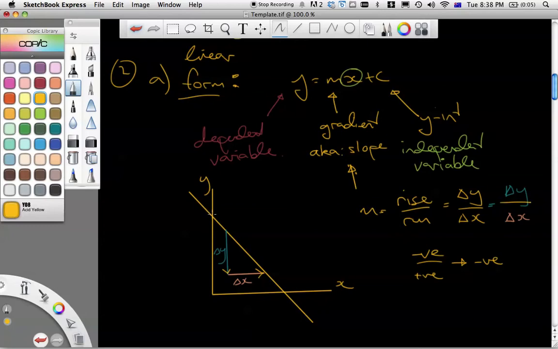And then the y-intercept is just that. So that's all we have to do. We just have to take this one, recognize that it's that, and then take this rise over run, this gradient here, this whole thing, and recognize that it's that. And that's kind of the form.